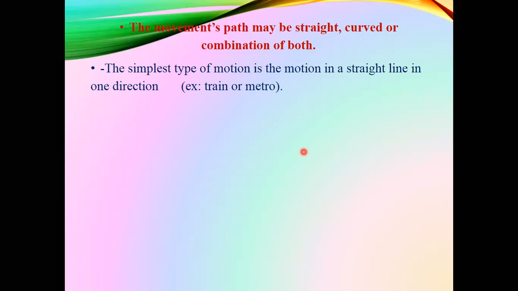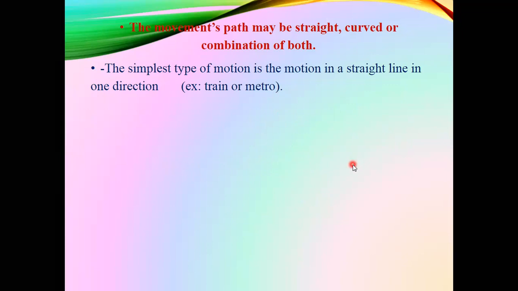What about the simplest type of motion? If we compare straight with curved, straight is certainly simpler than curved. And if we compare directions, which is easier, one direction or more than one direction? We find that one direction is simpler.